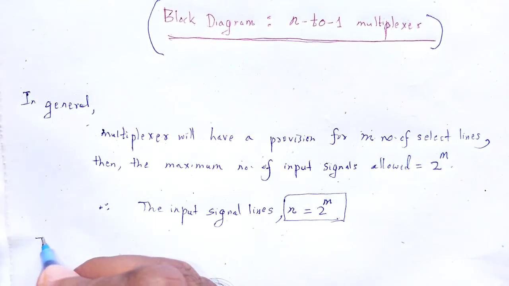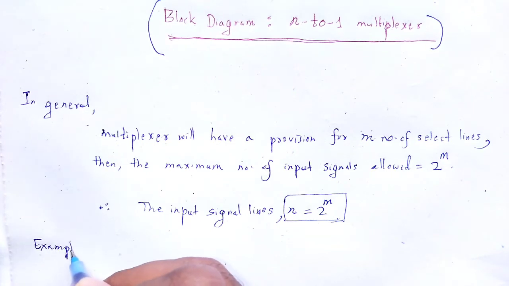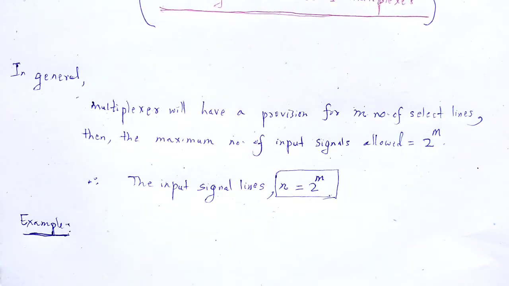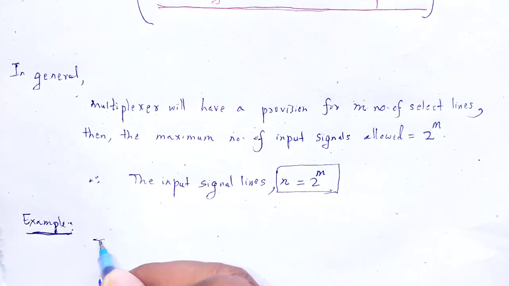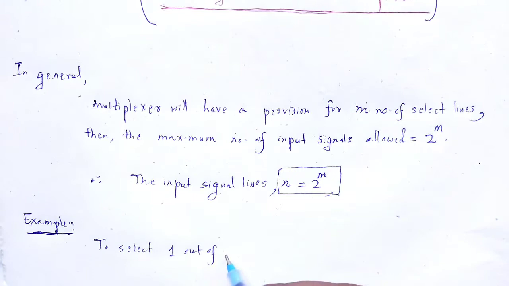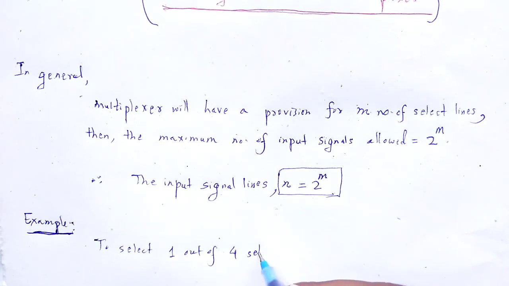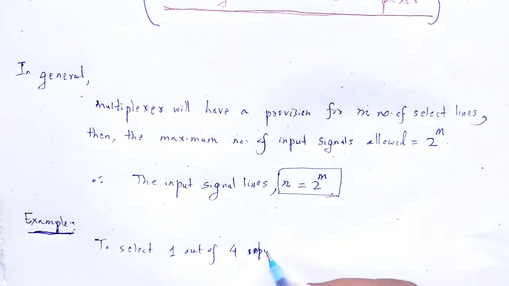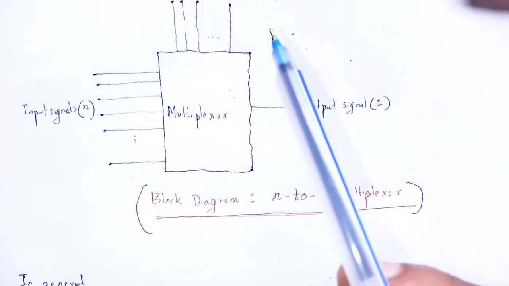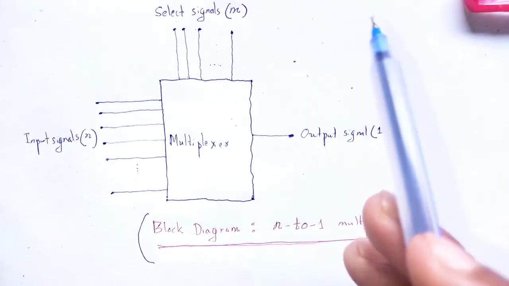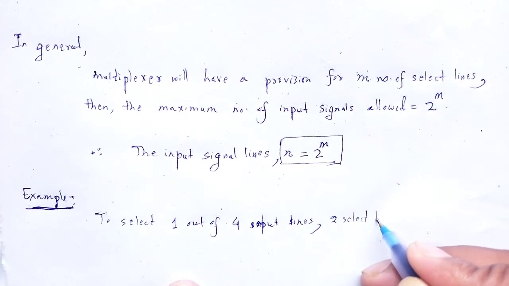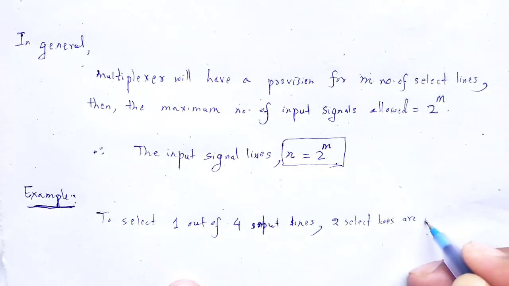Example, if we select 1 out of 4 input lines, then 2 select lines are provided.